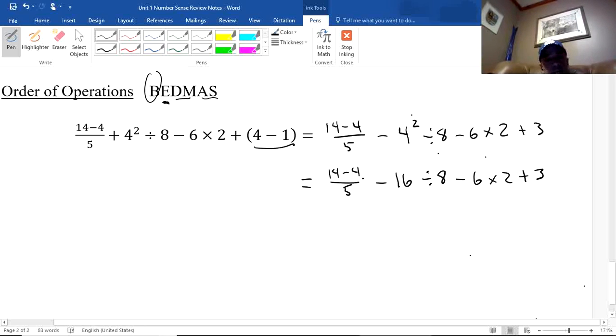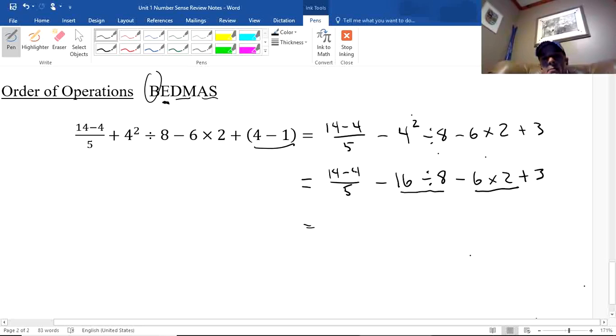So, I strongly encourage you to do that before you even do any addition, multiplication, or division along here. But I can also do this division and this multiplication because they're sort of independent, but they're done before any adding and subtracting around them. Okay, so all of these can be done together. So I'm going to do this in one step.